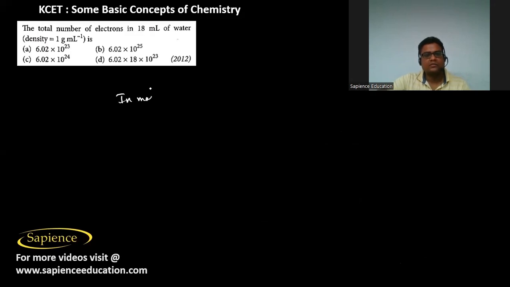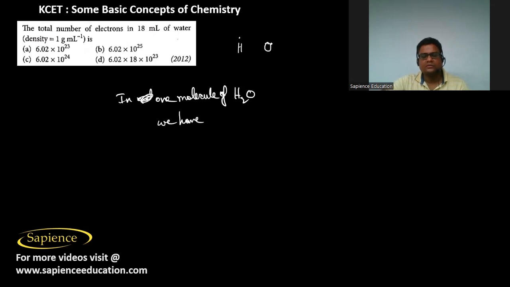So we know that in one molecule of water, hydrogen has one electron each, and oxygen has got six electrons in the outermost shell, means sorry, eight electrons it has overall.